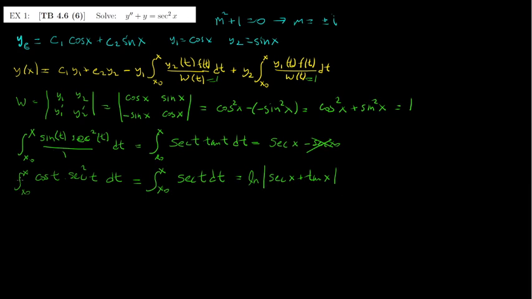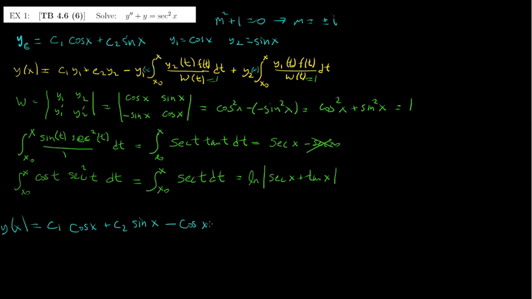All right, so now I think we can put this all together. So y of x is going to be c1 times y1, which is cosine of x, plus c2 times y2, which is sine of x, and then minus y1, which is cosine of x, times this integral, which was secant of x.